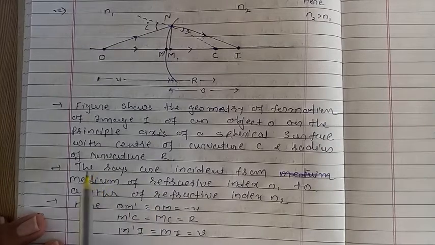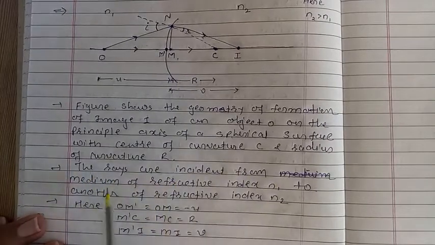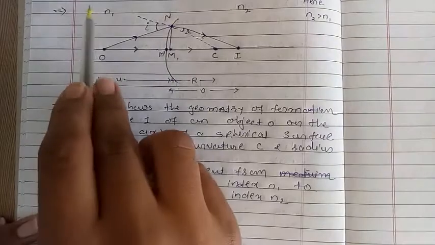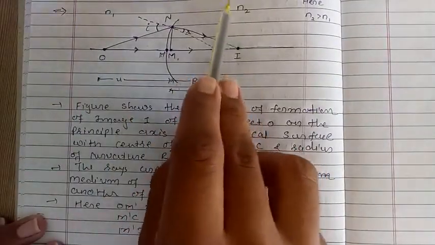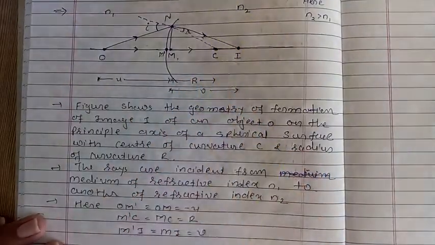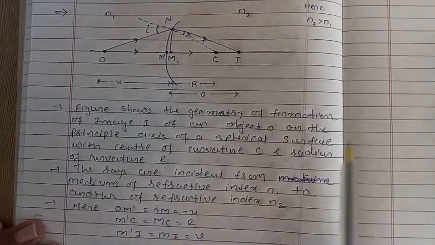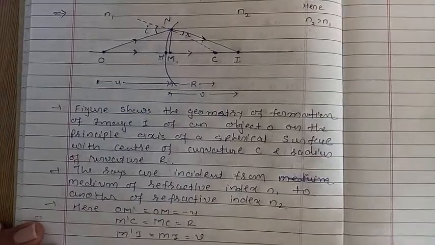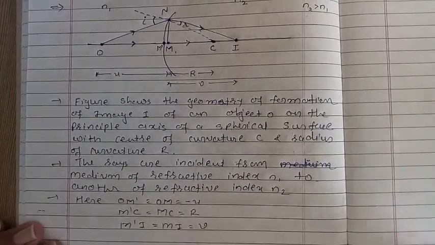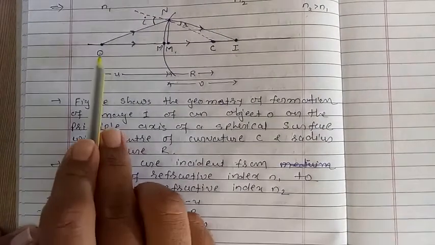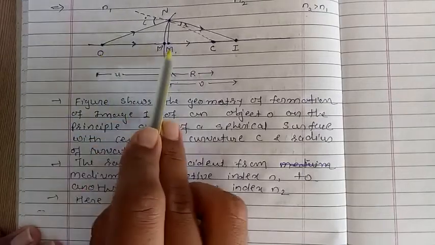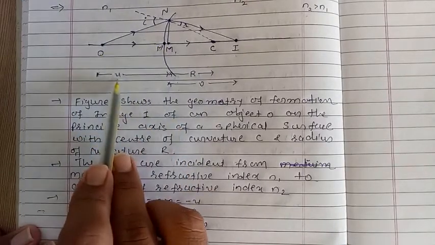We can write that the rays are incident from a medium of refractive index n1 to a medium of refractive index n2, right? From n1 to n2, and here n2 is greater than n1. Then you can see from the figure that OM' is equal to OM is equal to u.